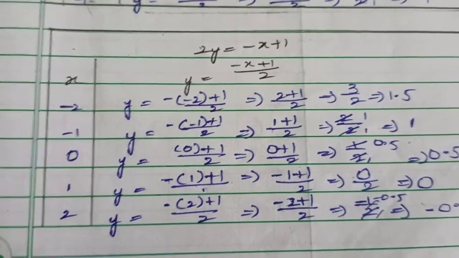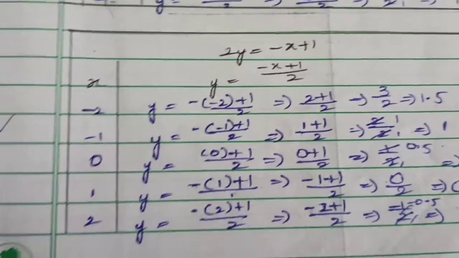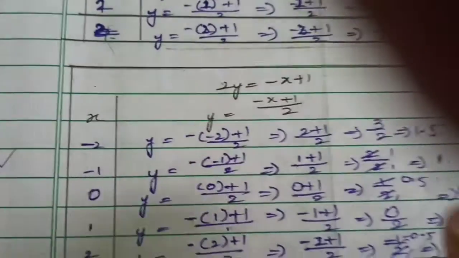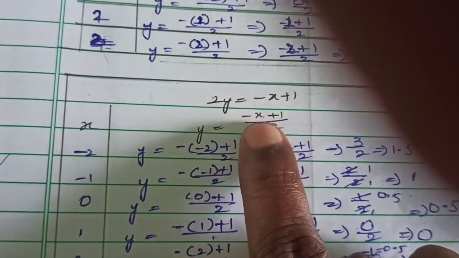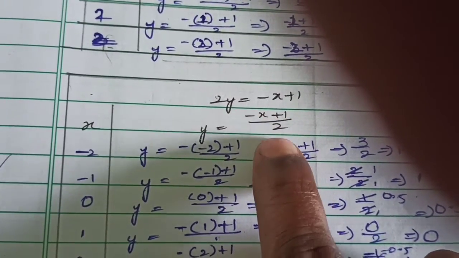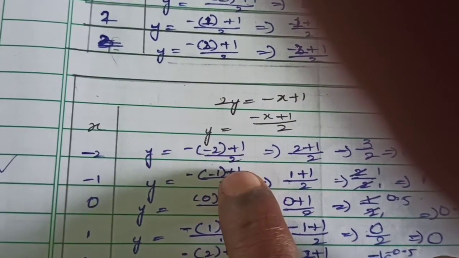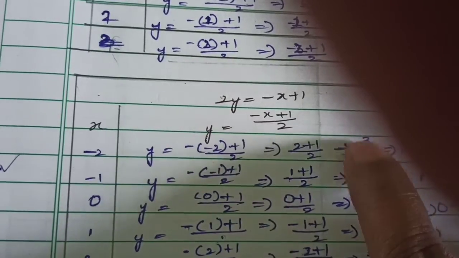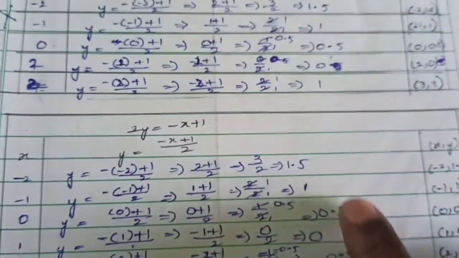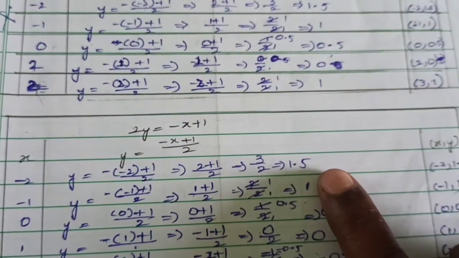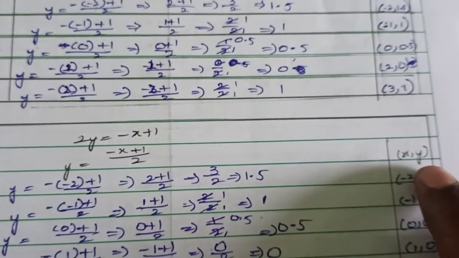So when minus 2 is substituted in the equation, minus of minus 2 plus 1 by 2, that is minus of minus x plus 1 by 2, no? Minus of minus is plus, so 2 plus 1 by 2, that is 3 by 2, which is 1.5.